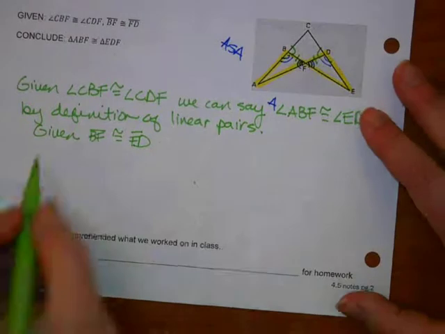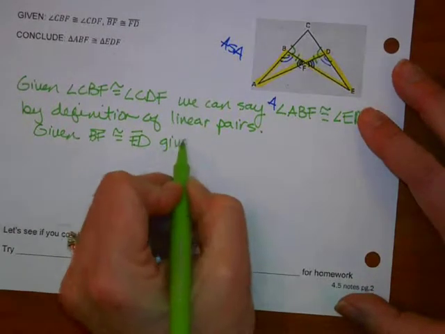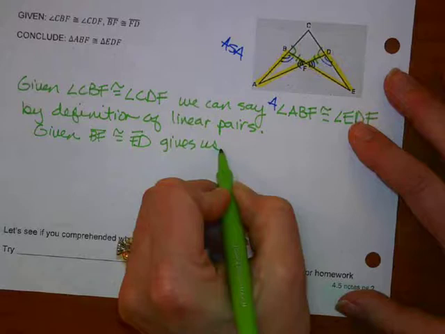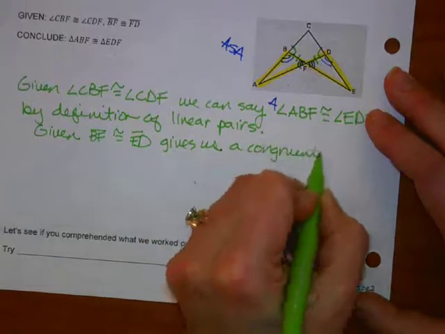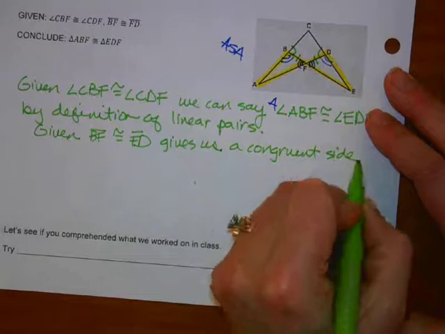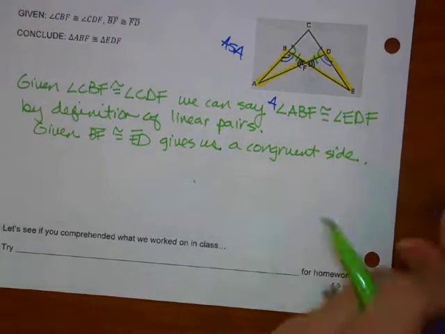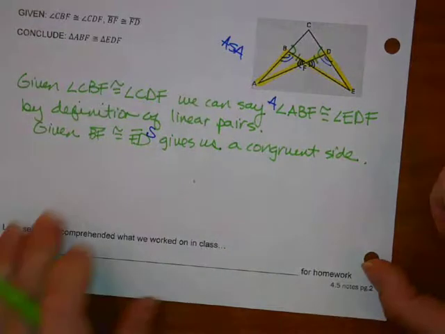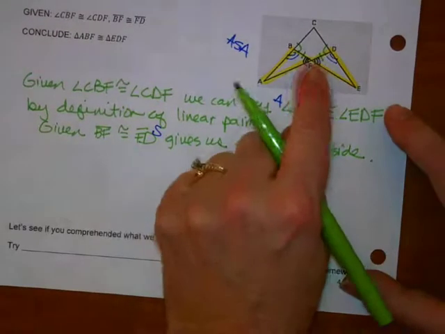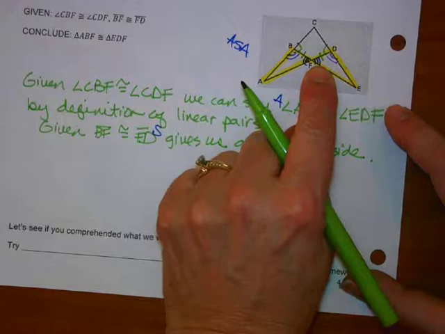Just to finish the sentence, I put gives us a congruent side. So there's my side, there's my S. The last thing I have to do is prove that these angles are congruent. I need to state that.